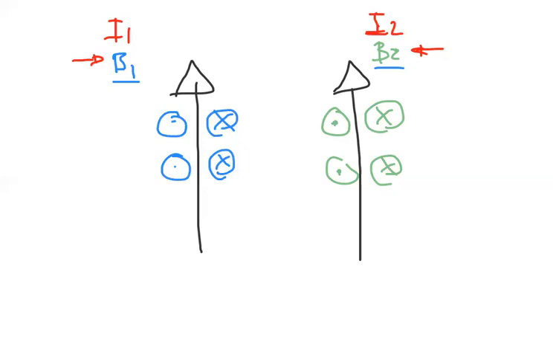Each one of them has two directions, and I think it's pretty straightforward that you pick the one that's closest in orientation. So this side right here is closest in orientation to this wire, and this side's the closest in orientation to this wire. So this is the B1 direction we want, and this is the B2 direction we want, because they're the closest in orientation to the wire that they're affecting.